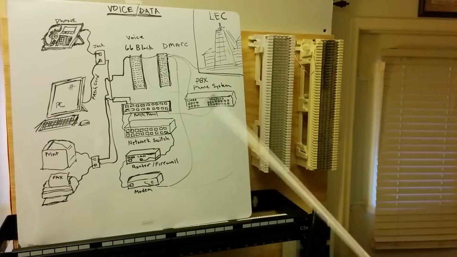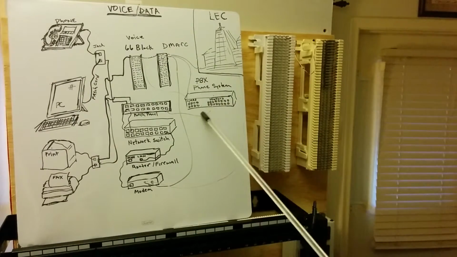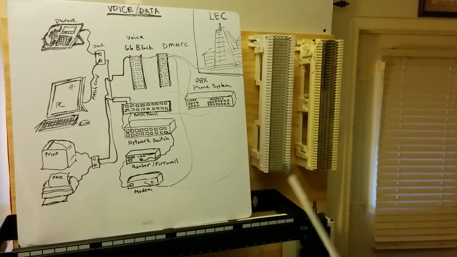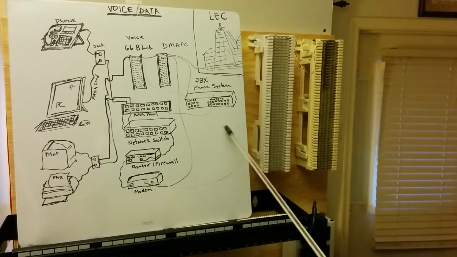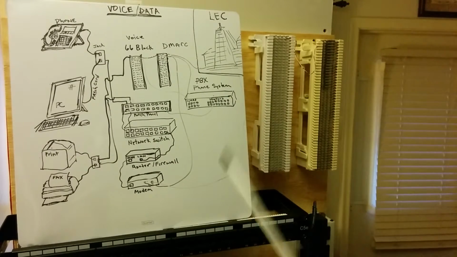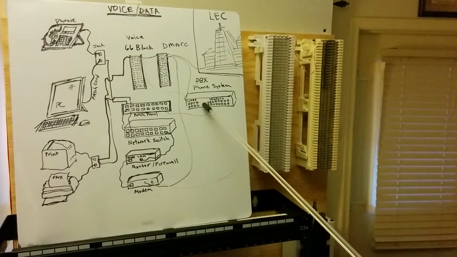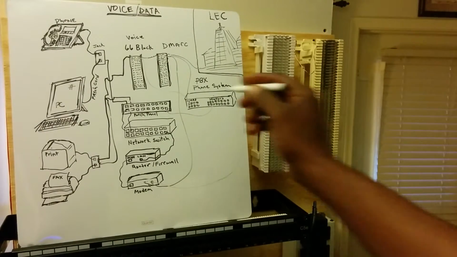We could talk a little bit more about the PBX, the phone system, which could be on either side depending on what kind of connection we have going. Usually, a modern phone system connects on both sides, or if we have pure IP, then it would be connecting to our patch panel.